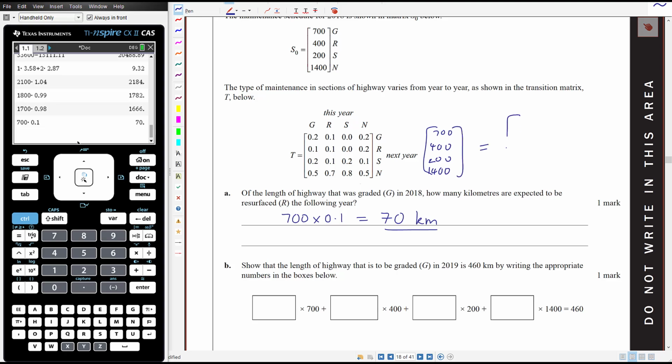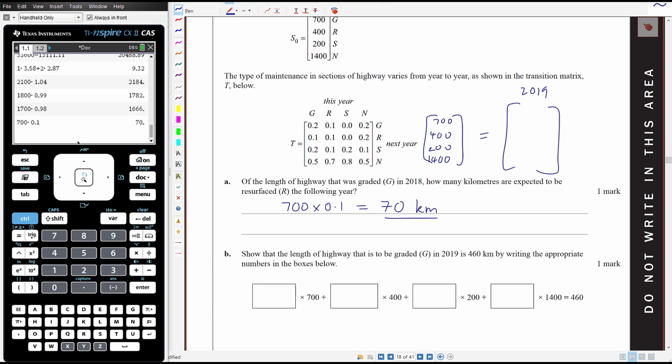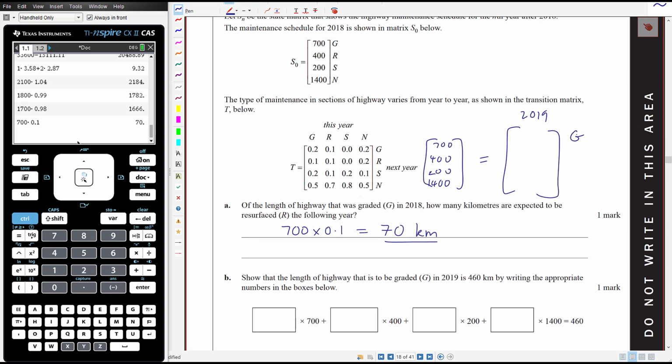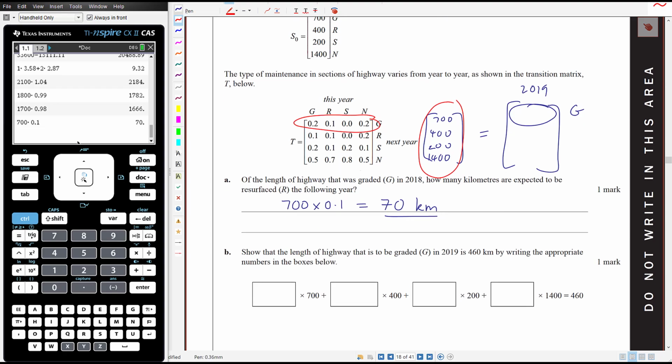That would give us the 2019 numbers, and we're interested in the numbers that are to be graded, so that's the top row here. We arrive at this top number by doing the top row of the transition matrix times the column of the 2018 matrix, which means the calculation is going to be 0.2 times 700 plus 0.1 times 400 plus 0.0 times 200 plus 0.2 times 1400.